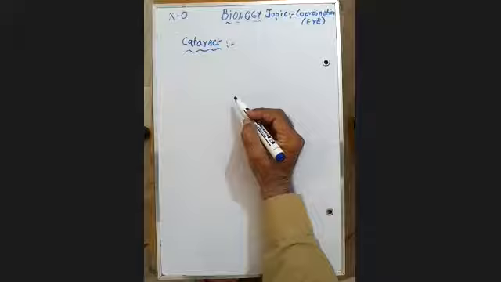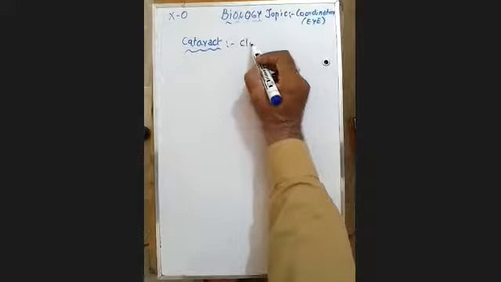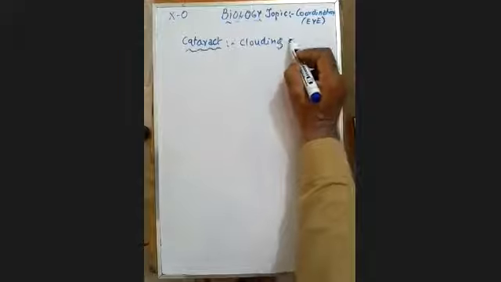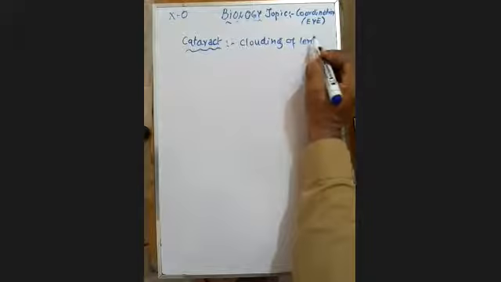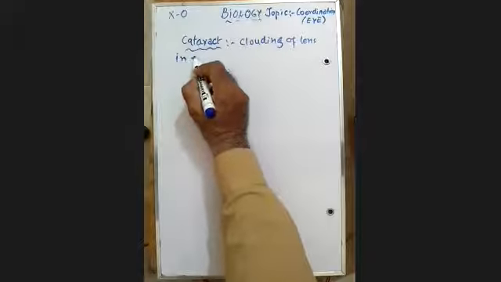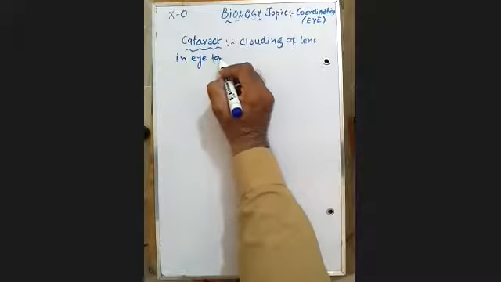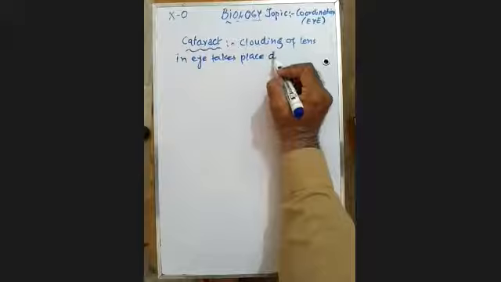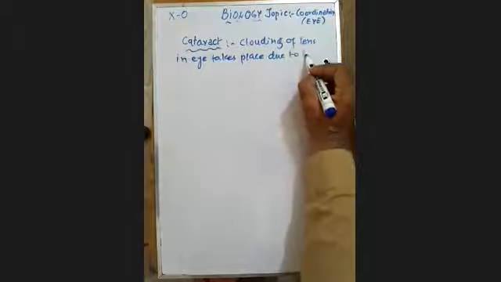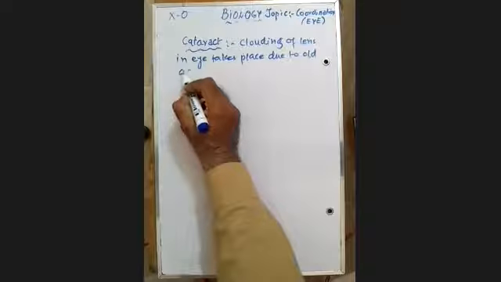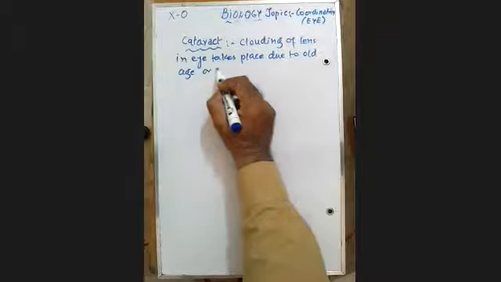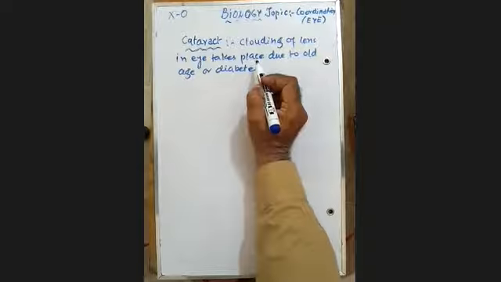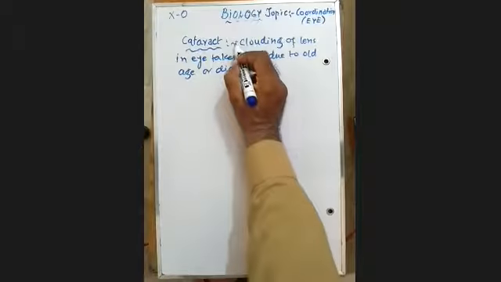So in this, clouding of the lens in the eye takes place due to old age or diabetes. This was the first point.